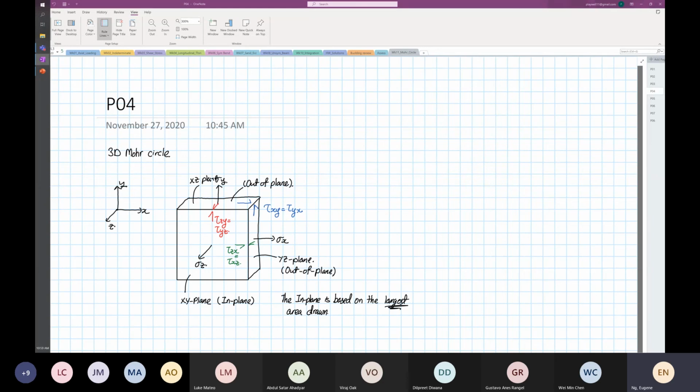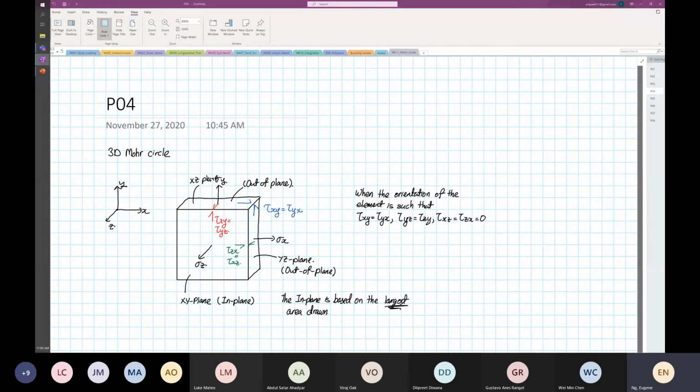So I'm going to write that when the orientation of the element is such that shear xy is equal to shear yx, and shear yz is equal to shear zy, and shear xz is equal to shear zx, they're all equal to 0.